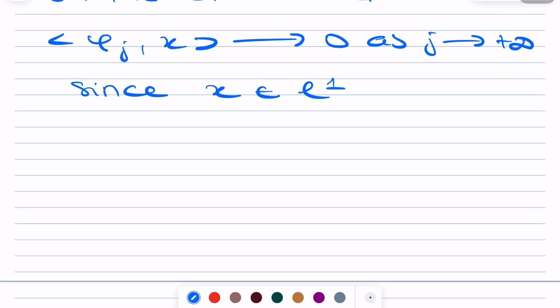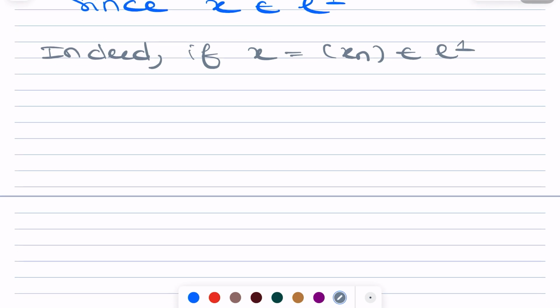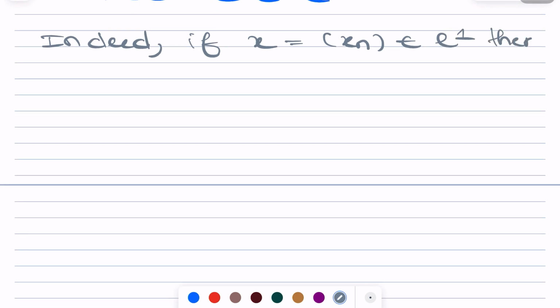How to see that again? Indeed, if x is in L1, then by definition this summation is finite.